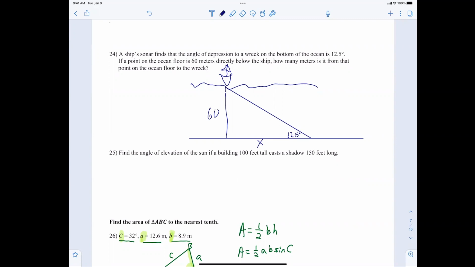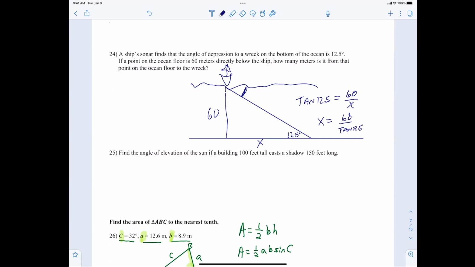Hopefully everybody understands this is the angle of depression here too, right? All right, so what's the trig function? Good job. Tangent of 12.5 equals 60 over x. So x is equal to 60 divided by the tangent of 12.5.